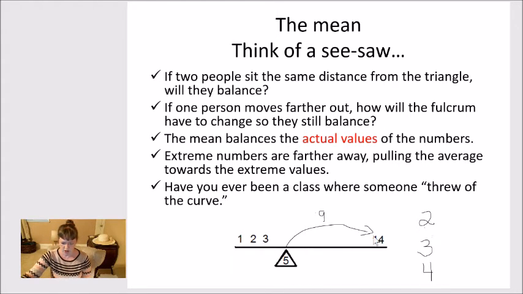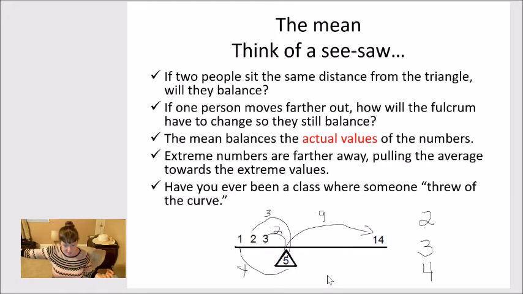So the distances below 5 are 2, 3, and 4. Well, what is 2 plus 3 plus 4? It's 9. So 5 balances the distance between 5 and the score above it, but also the distance in the actual stuff you're measuring below it, right? It balances the actual values of siblings.